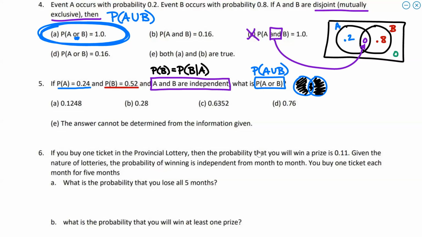Does anybody remember how we calculate this? We divide. What do we divide to calculate that? The probability of B and A.